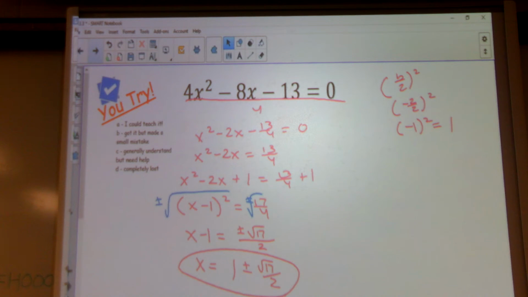Get your calculator again. Possibly. What? Oh, I got it wrong. And I couldn't figure out why. I couldn't figure it out. Okay.